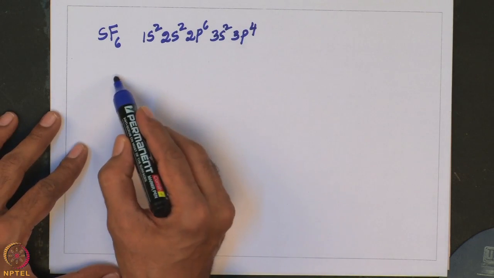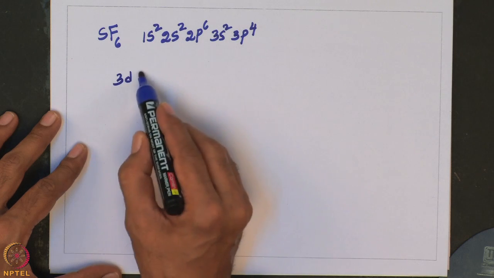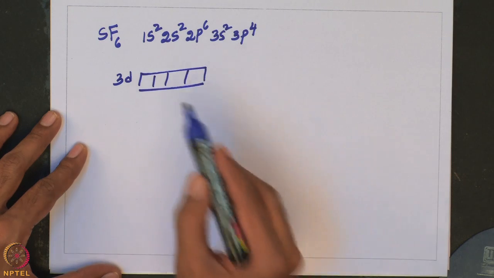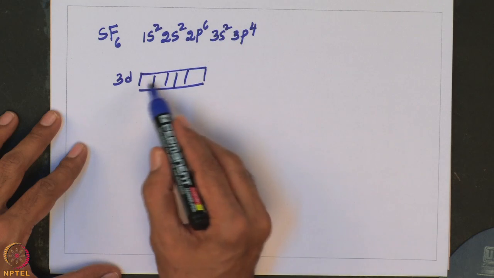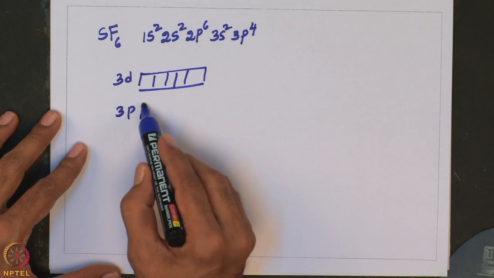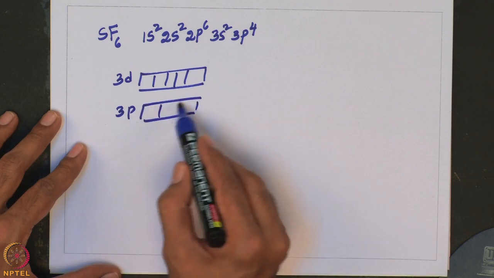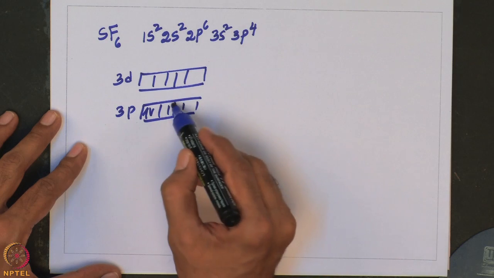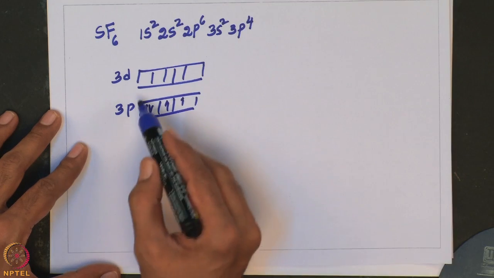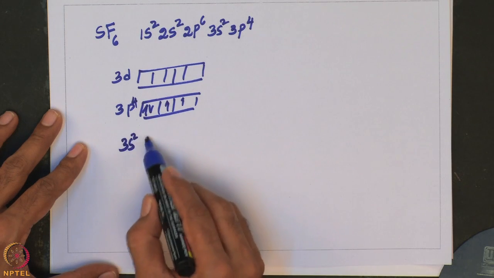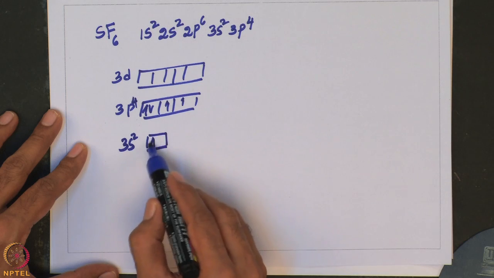Now, again we have high energy d orbitals. Like this, we have 4 electrons here, and then we have 2 electrons.